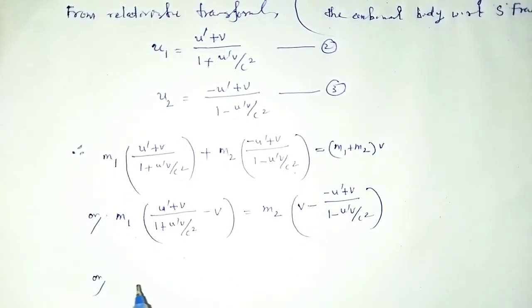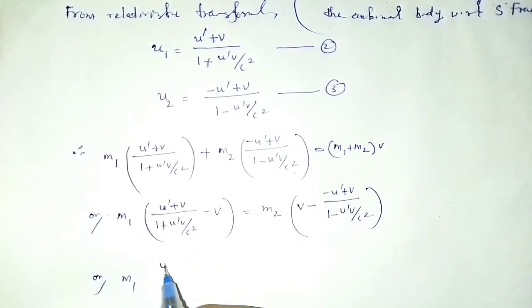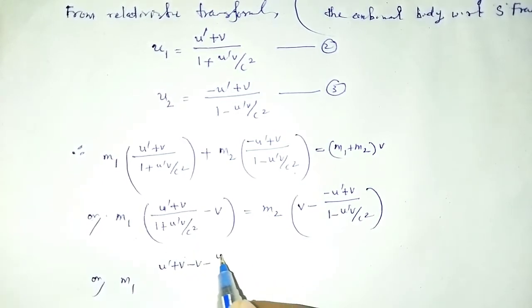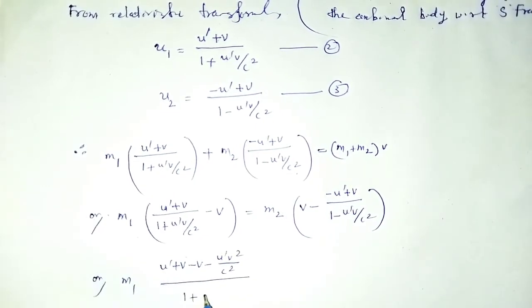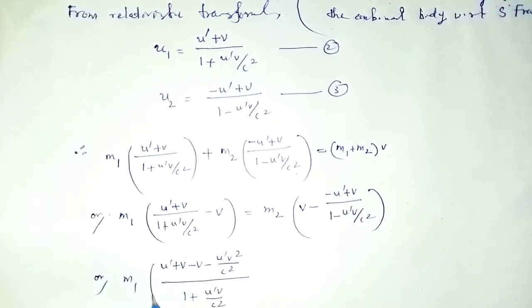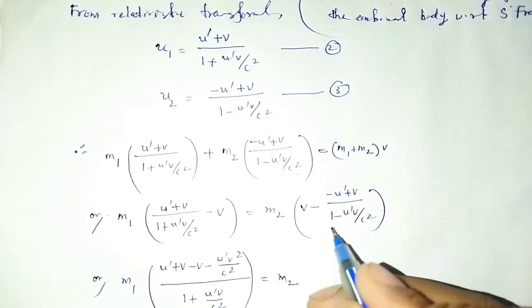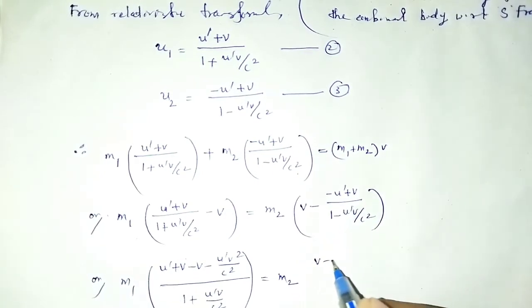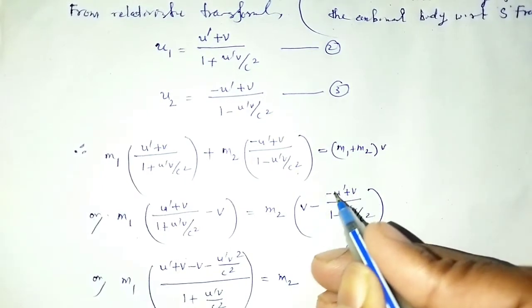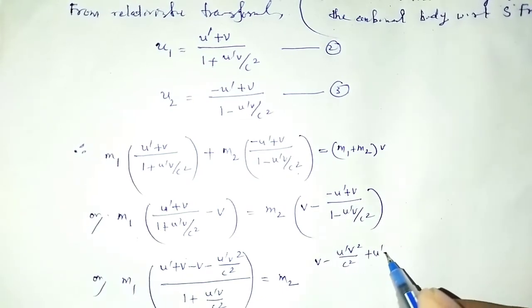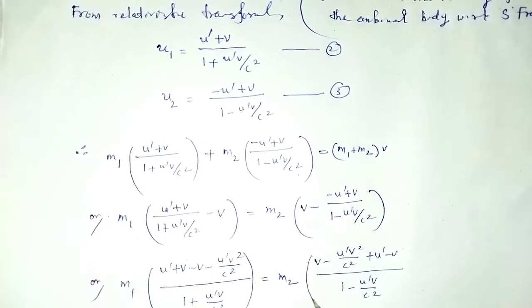Or, m1 taking LCM and solving, that is u' plus v minus u'v square divided by c square, whole divided by 1 plus u'v divided by c square, is equal to m2, again taking LCM and simplifying, v minus u'v square divided by c square, taking minus to the bracket, that is plus u' minus v divided by 1 minus u'v divided by c square.